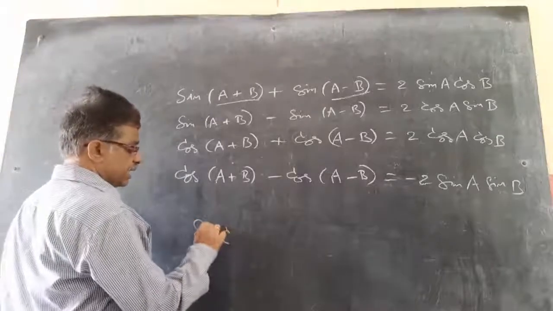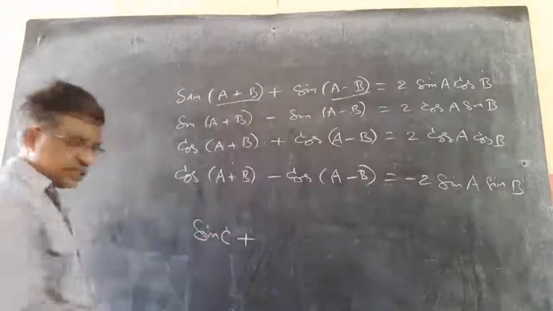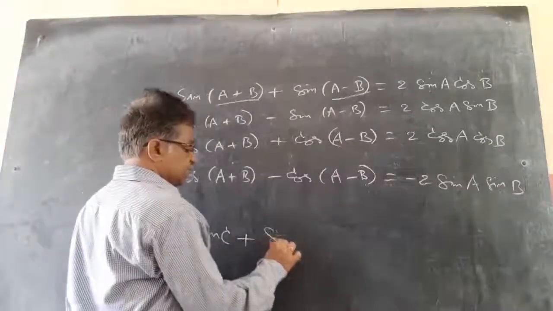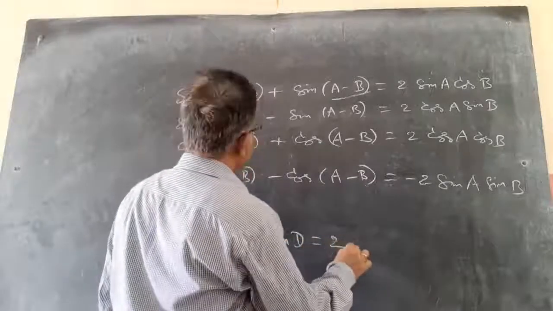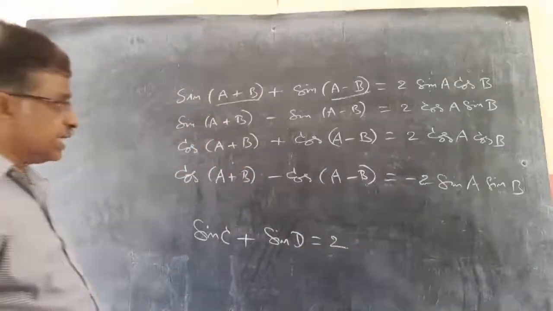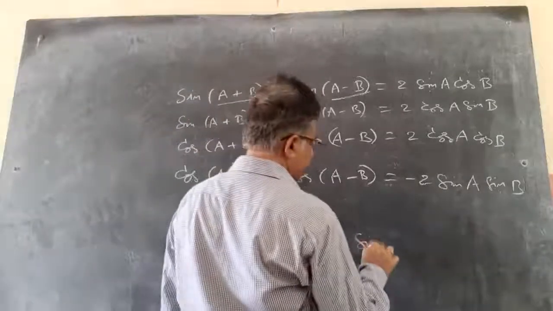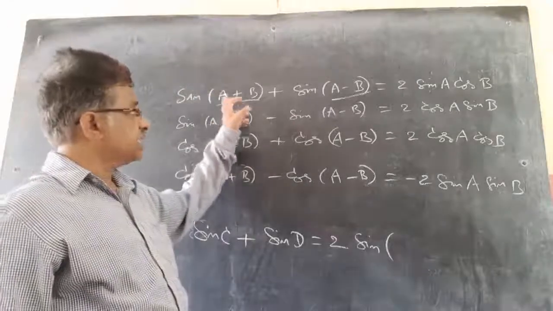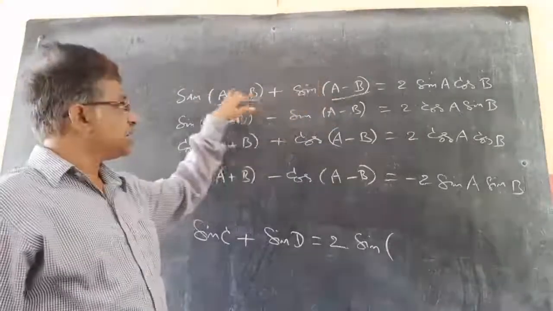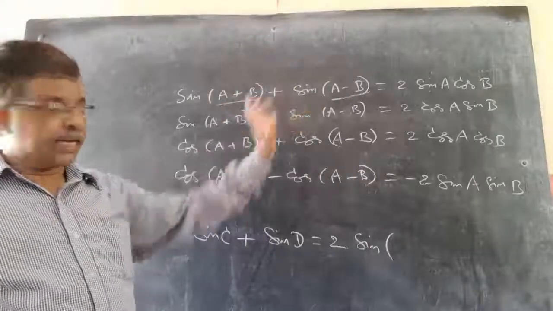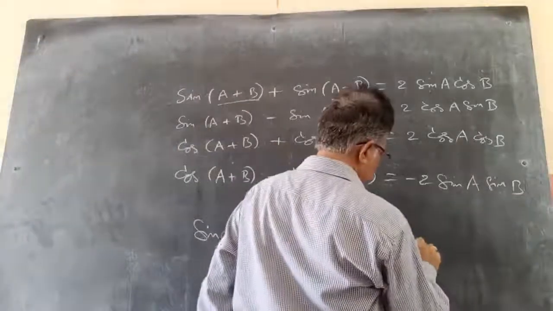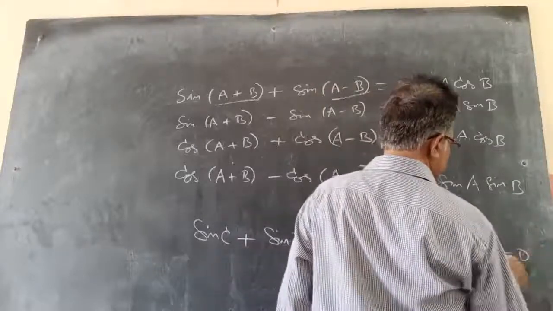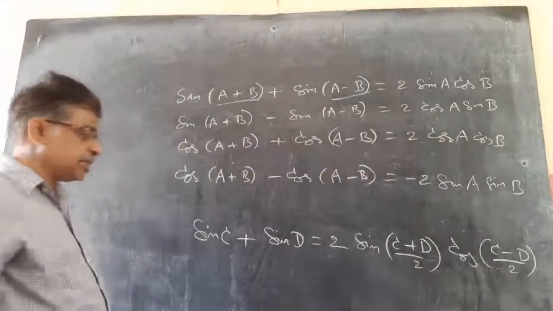Sin C plus sin D equals 2 sin of (C+D)/2, because the B's cancel and we get A, into cos of (C-D)/2.